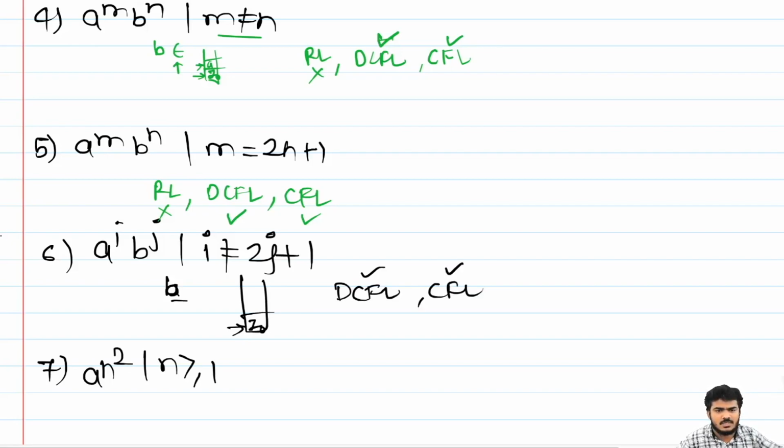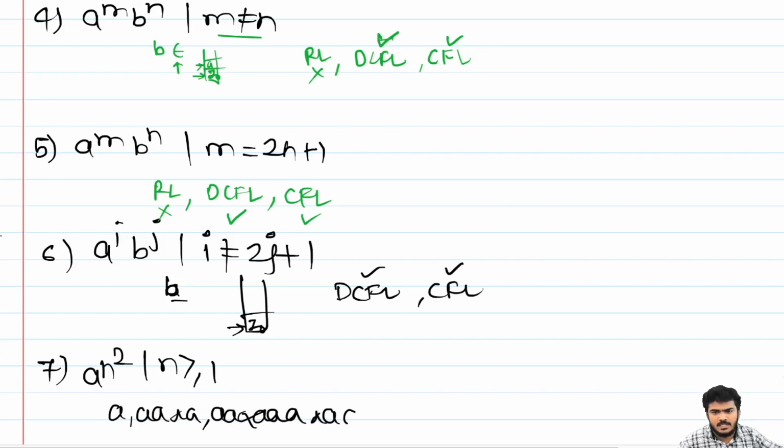In this language, if we put n equal to 1, then we will get a single a. Similarly, n equal to 2, we will get 4 times a. Similarly, n equal to 3, 3 squared is 9, so 9 times a.